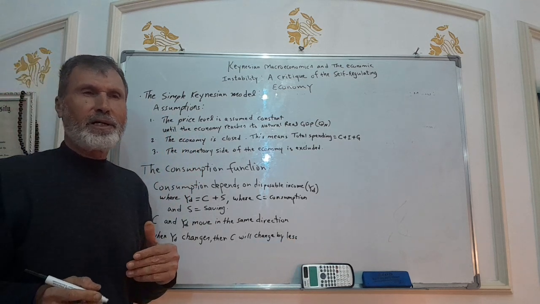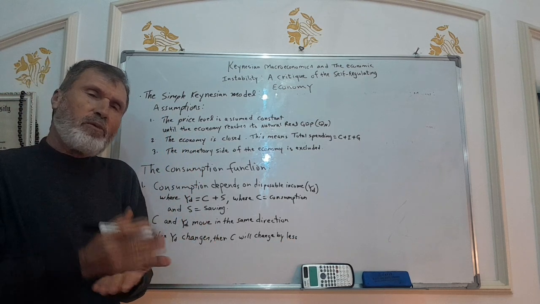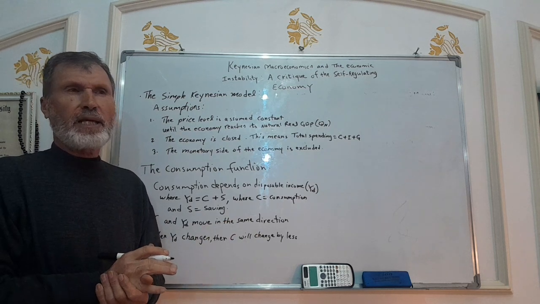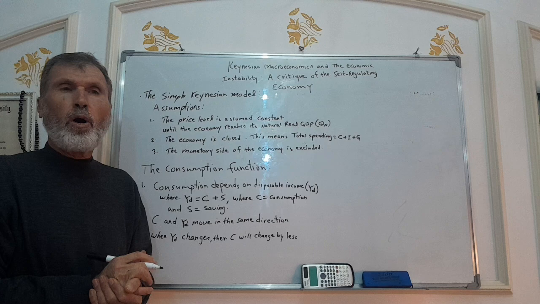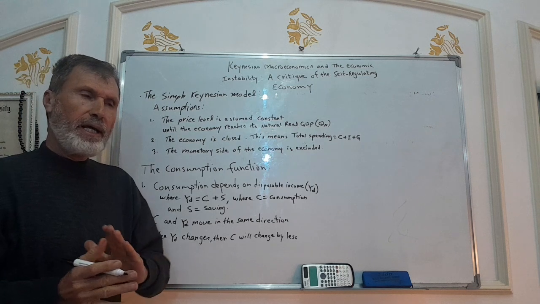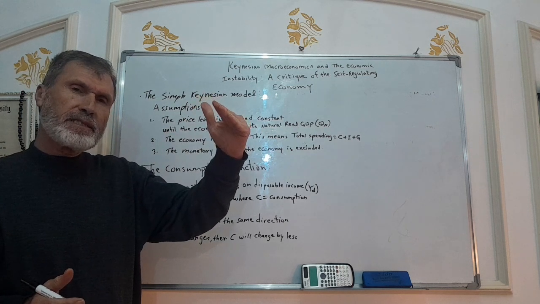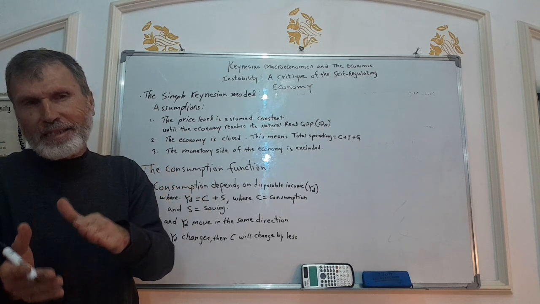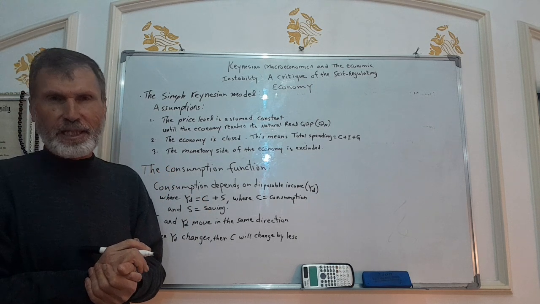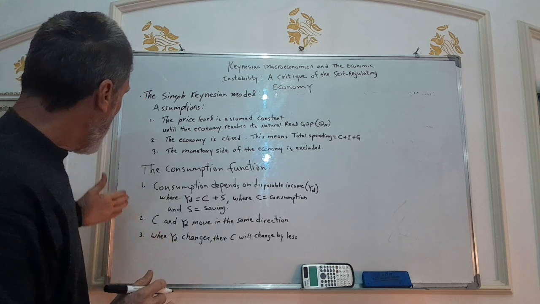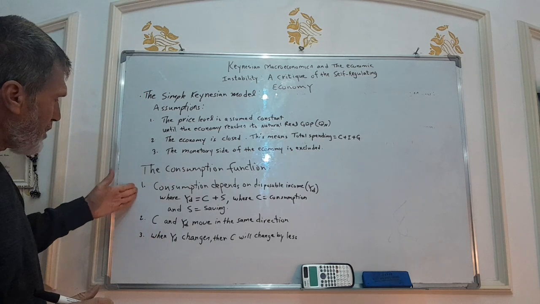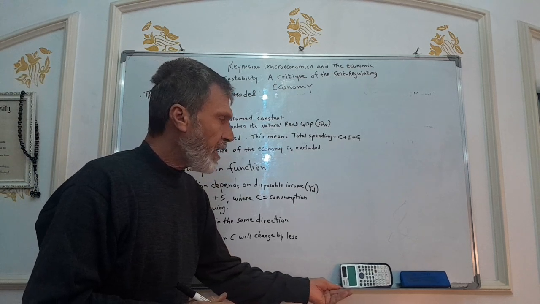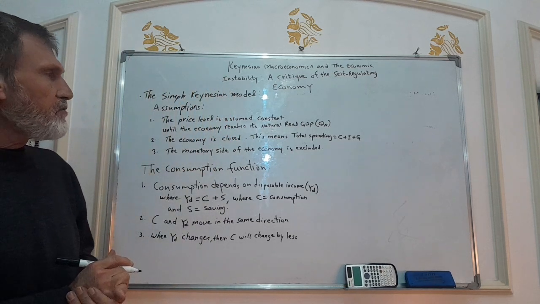Because part of the disposable income goes to saving, so you can't expect a person to consume all his disposable income. Therefore, when YD increases, consumption will increase, but by a smaller percentage. From these three important points about the consumption function, we can write the consumption function.